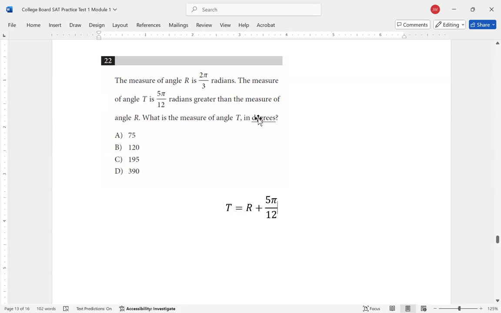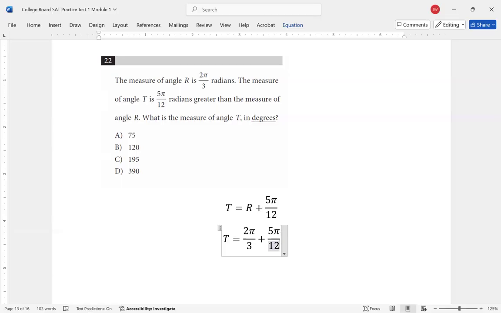Now we know that the measure of angle R is 2 pi over 3. So we know that T is going to be equal to 2 pi over 3 plus 5 pi over 12. So we just add those up.